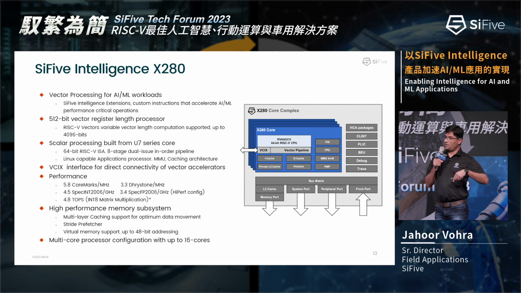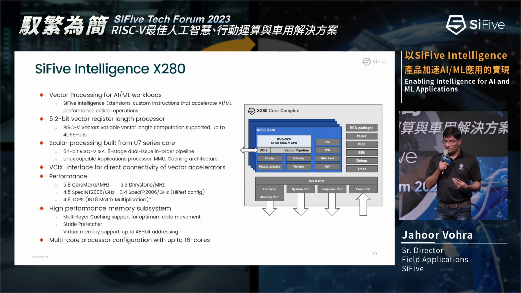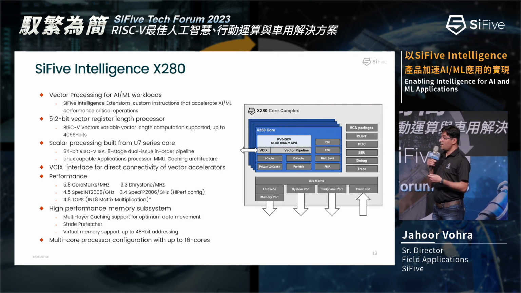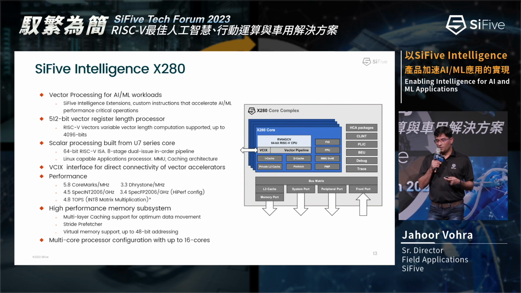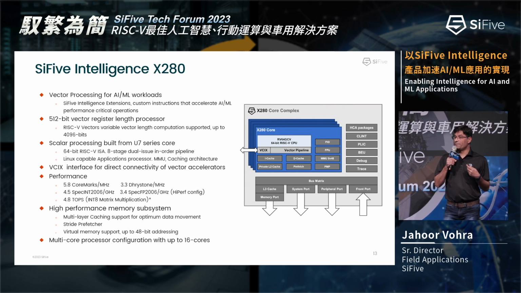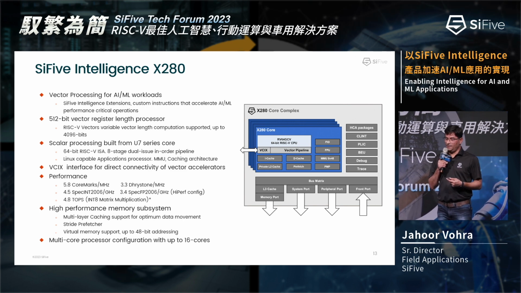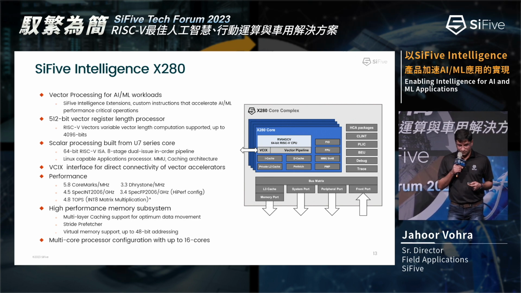If you don't want to run out of a cache hierarchy, for instance, if you have streaming data coming in, we have a low latency interface into the core that allows you to attach large SRAMs. Thereby it enables you to attach scratchpad type memories very efficiently if your workloads are not very cache friendly. So it's very flexible in that it can support a variety of different use cases.